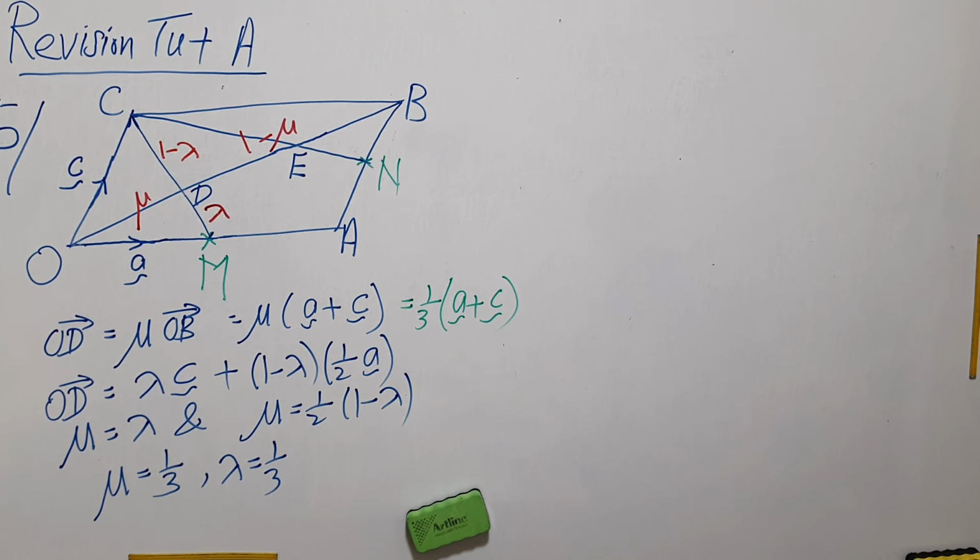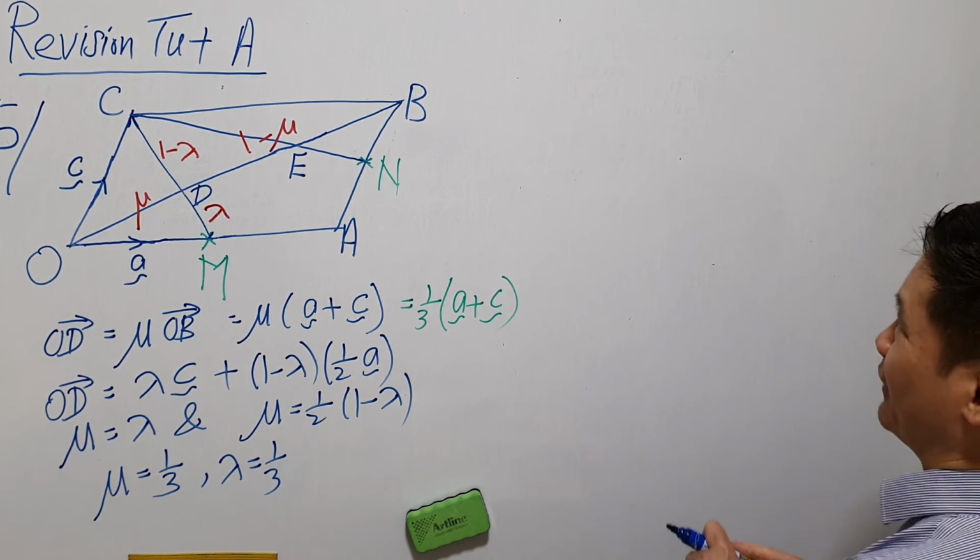And how would you do so? To do this, you want to look at it this way. We want to try to find BE.